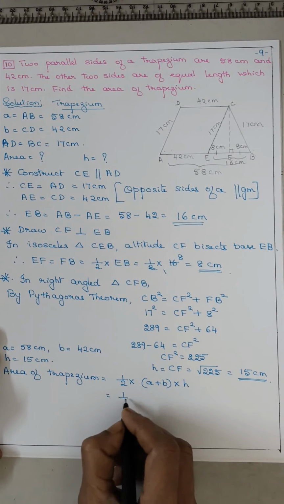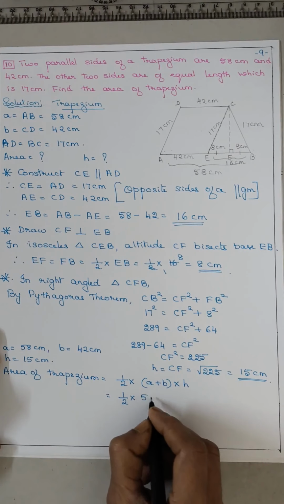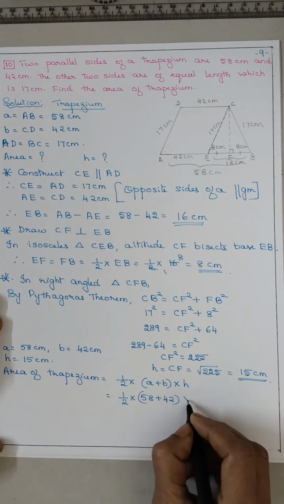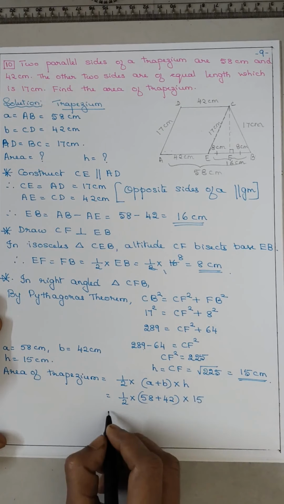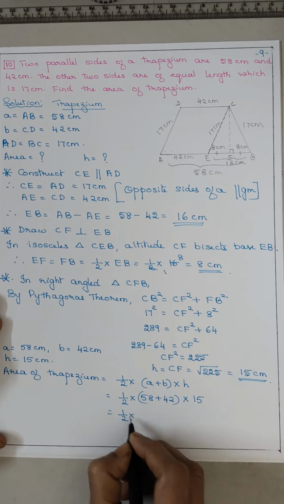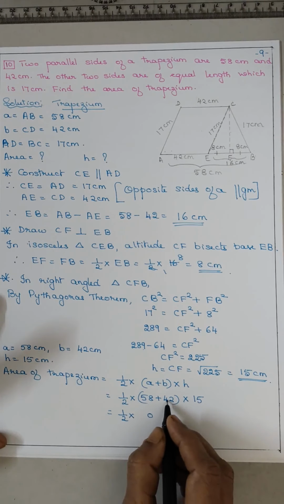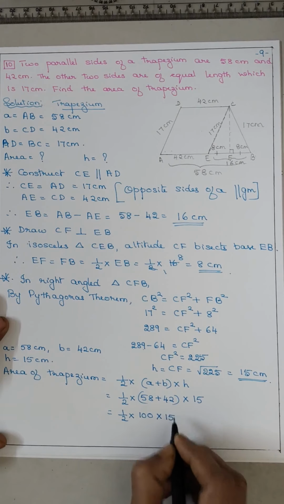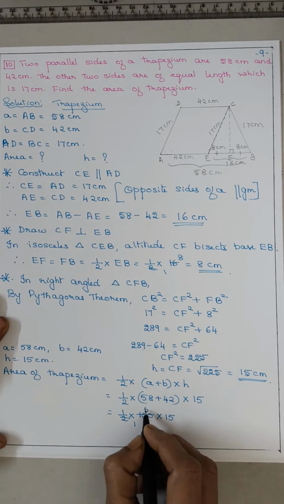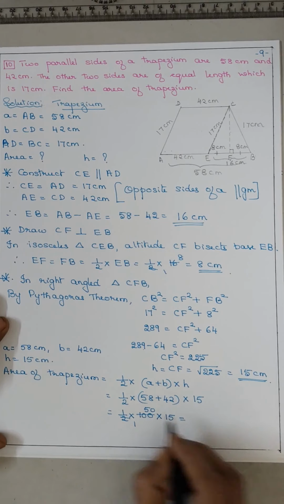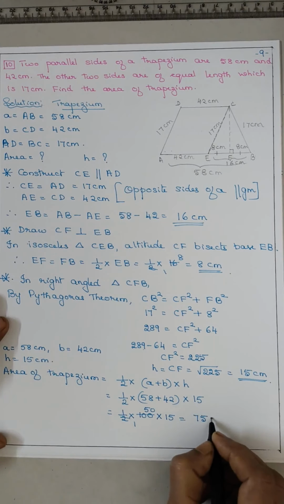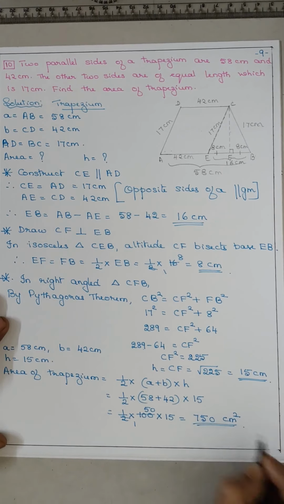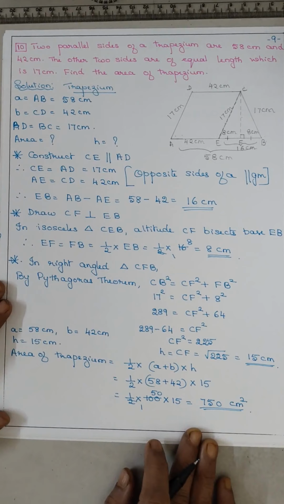So, half into 58 plus 42 into height 15. Half into 100 into 15. 2 ones are 2, 2 50s are 100, 15 into 50 is 750 centimeter square.